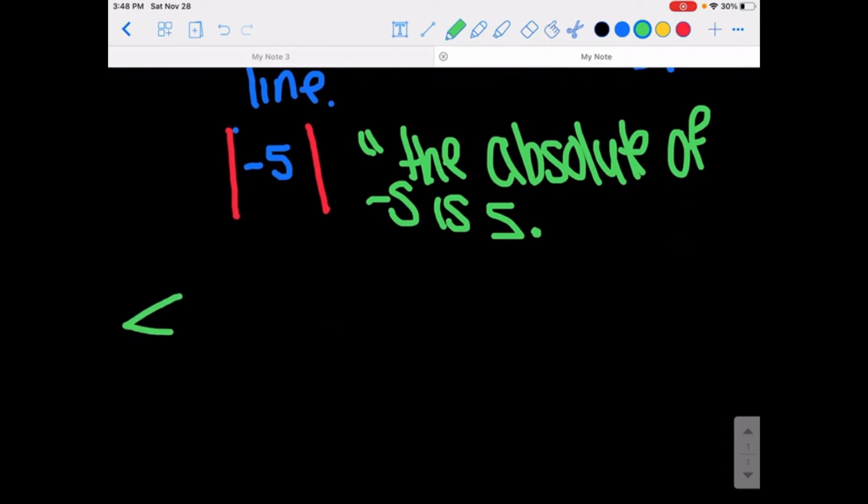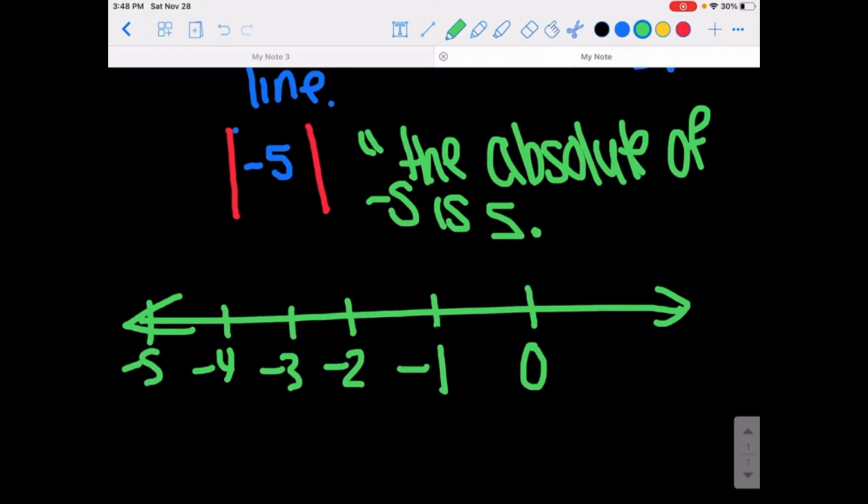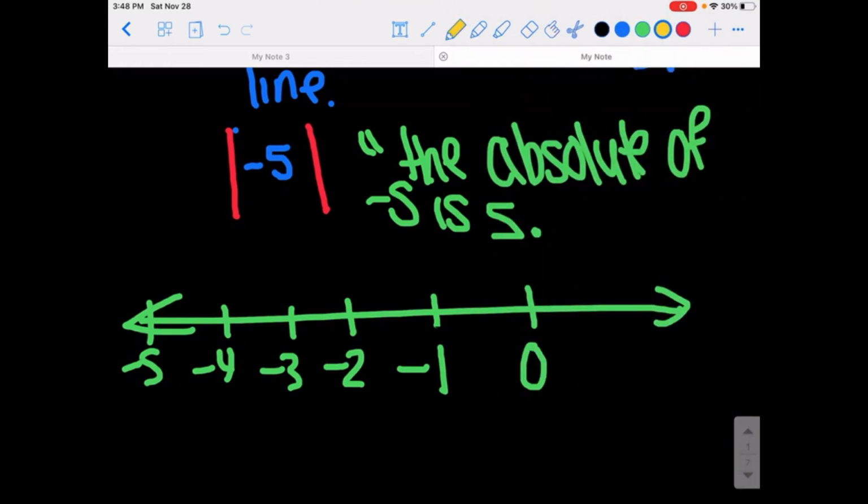Let me draw a quick number line, and I would label it from 0, -1, -2, -3, -4, -5. I know this isn't equally divided, but it's just for a quick representation. What you're really focusing on is 0.